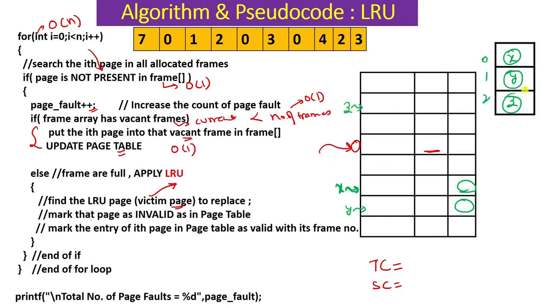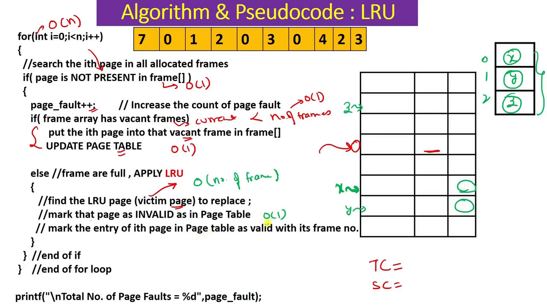So that means finding the LRU page by the method that I made was running for how many times? The number of frames times. So it will be of time complexity O(number of frames). For each frame it was doing a constant operation, so it will run for O(number of frames). Then I'll just update the page table, so it will be O(1), and mark the entry.